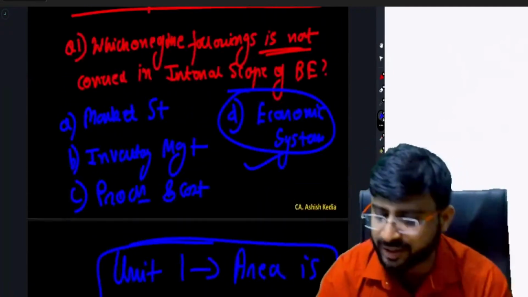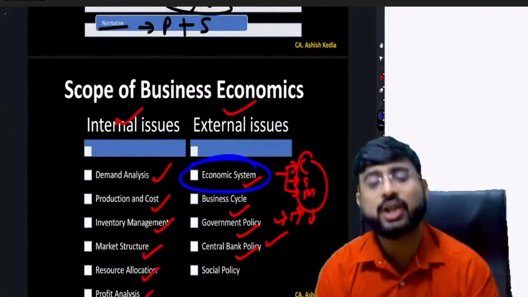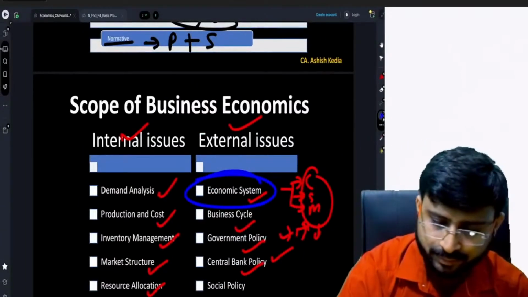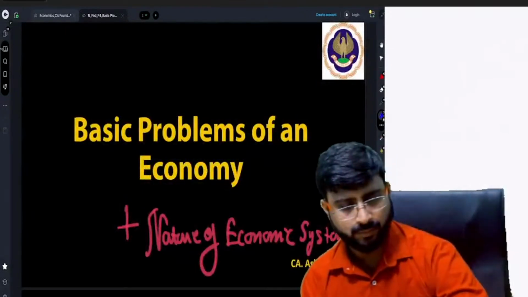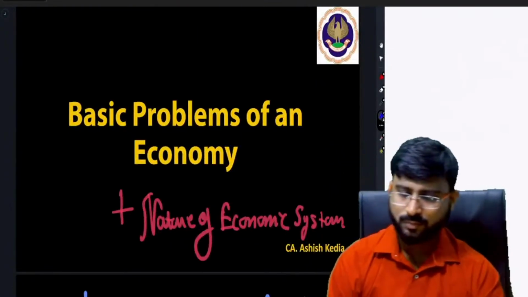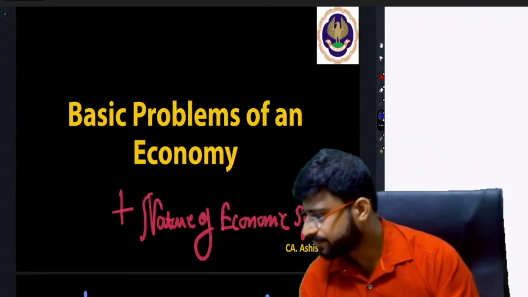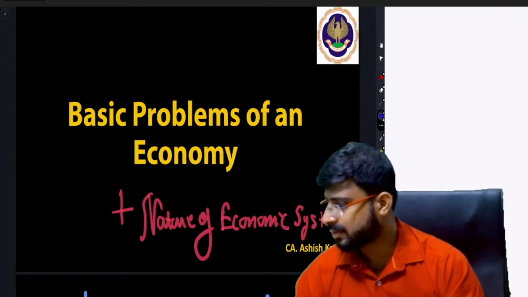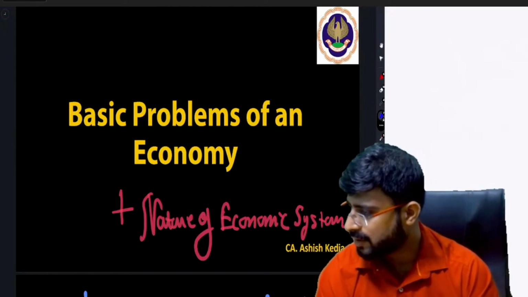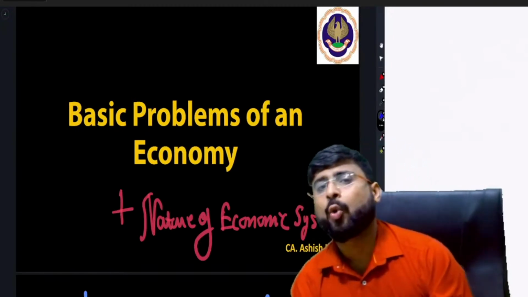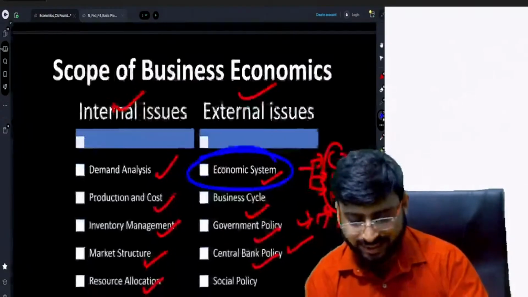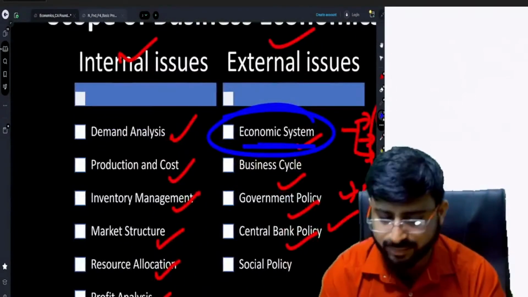The answer will be economic system. It is external. One of our friends asked why market structure is internal and economic system is external.